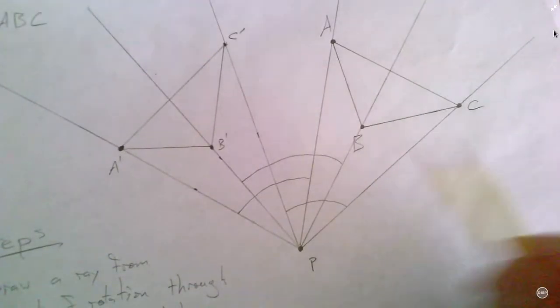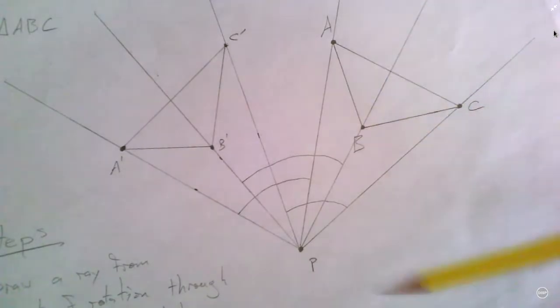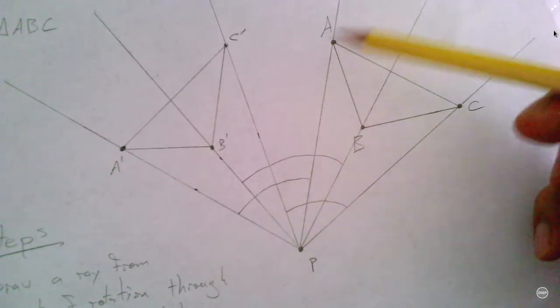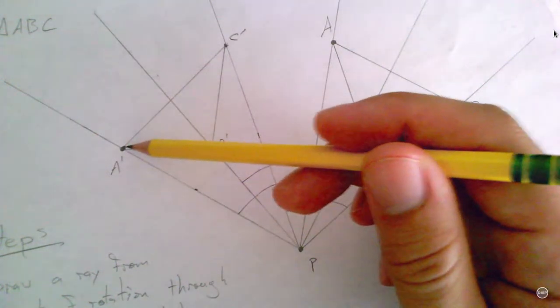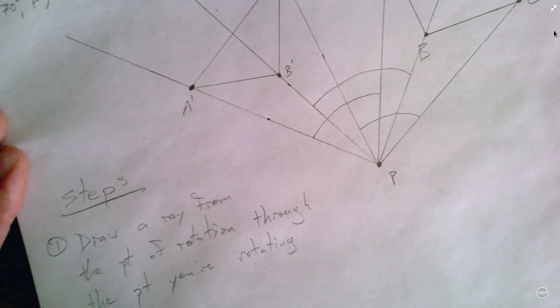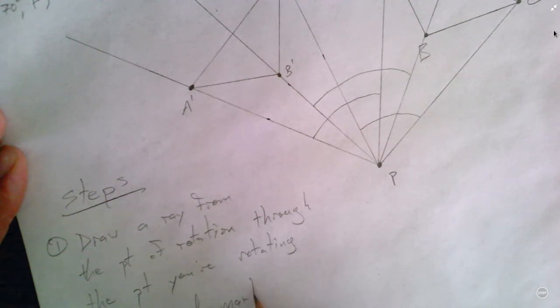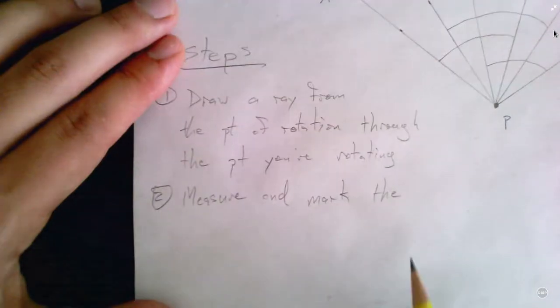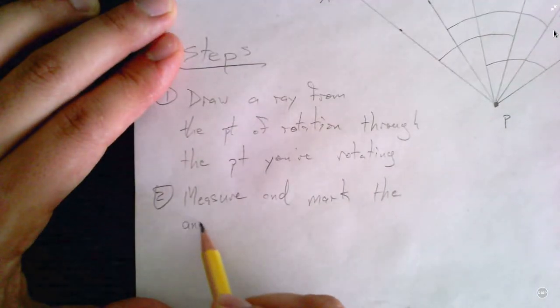I know I did B and C on my own and everything. I've done this a couple of times to practice already, but do P through A, and then from there you're going to measure and mark the angle.